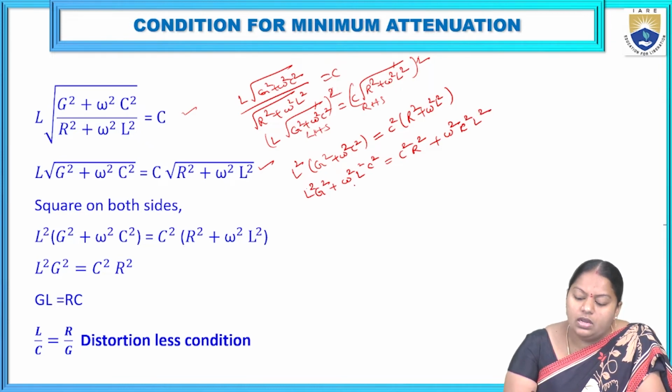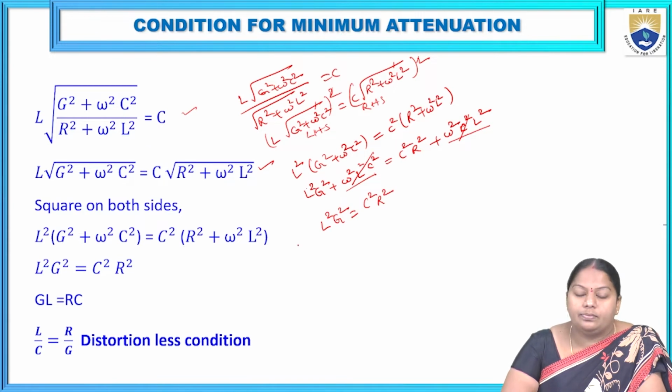See, if you observe both sides, is there any common term? Means omega square L square c square is there, and here also omega square L square c square is common between the two. So on both sides these two terms get cancelled, hence L square g square equal to c square r square. Okay.